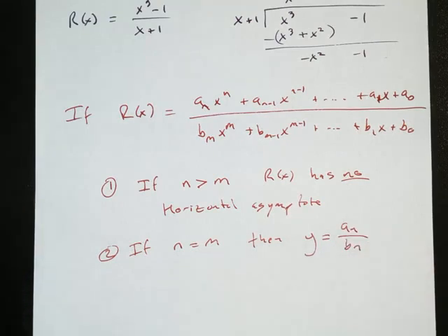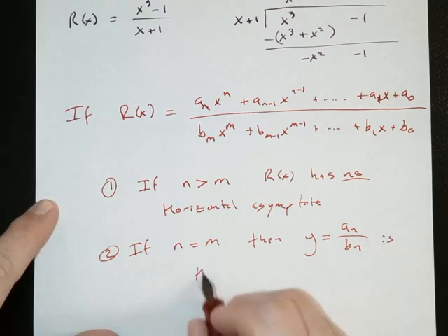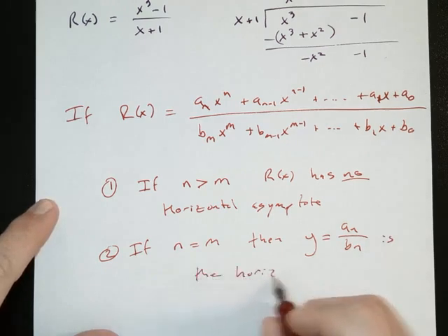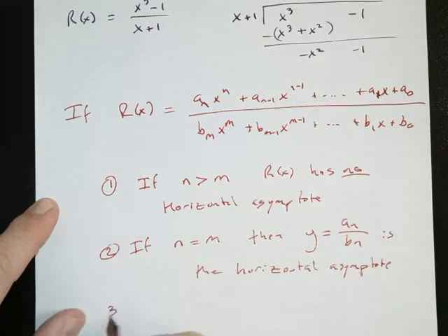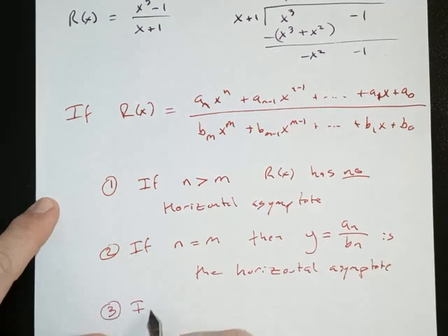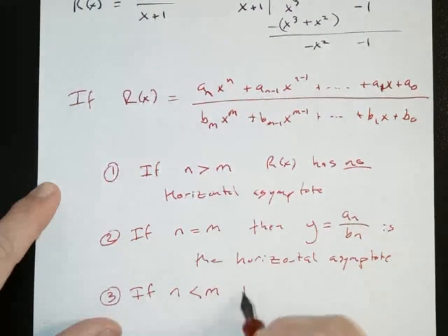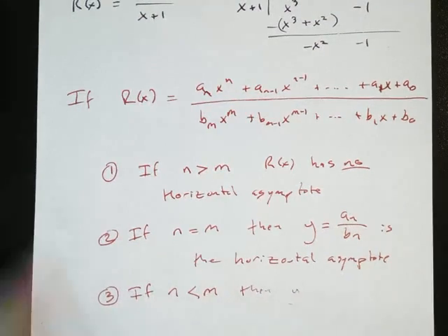How do I know they're both n's now? Because the two numbers are the same, and so I can replace the m with an n. 3. If the power on top is smaller than the power on the bottom, then y equals 0 is my horizontal asymptote.